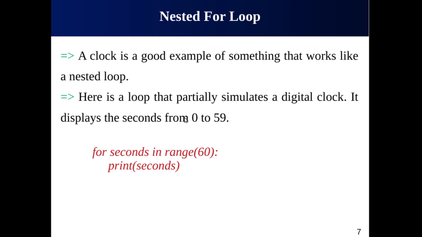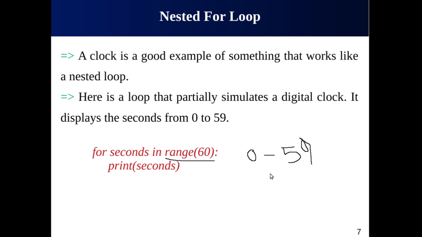To represent the clock with the help of nested loops, let us start by representing only the second hand of the clock. We know that there are 60 seconds in a minute, so the range here is 60, which means 0 to 59.